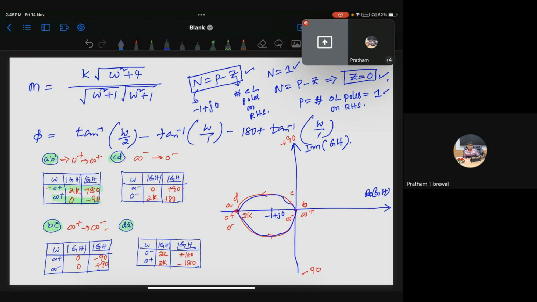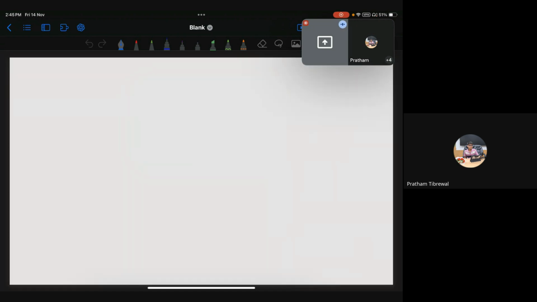Okay. Even if you wanted to find the same thing, I mean, where this is intersecting with the real axis and imaginary axis, you follow the same procedure. What is that procedure? You can see this. We have this function H of j omega, that is j omega plus 2 divided by j omega plus 1, j omega minus 1.